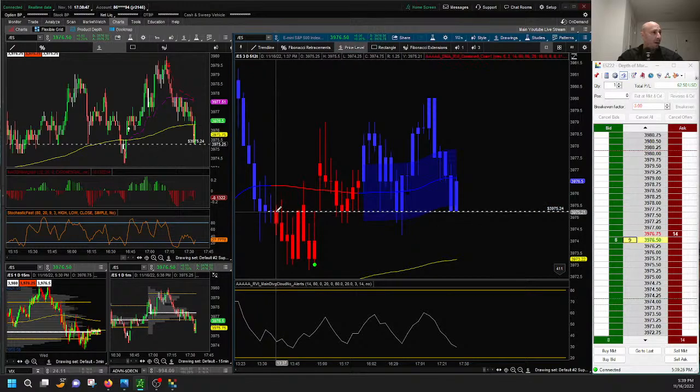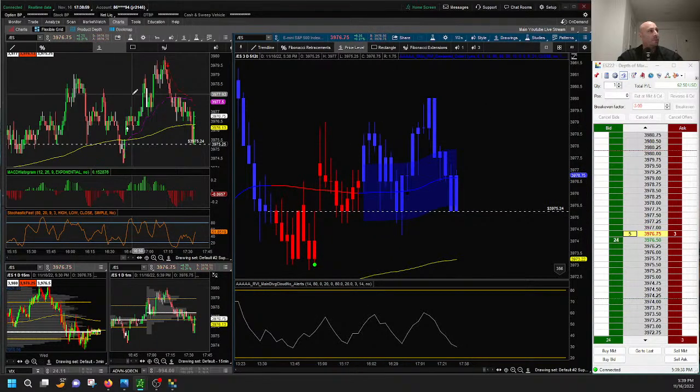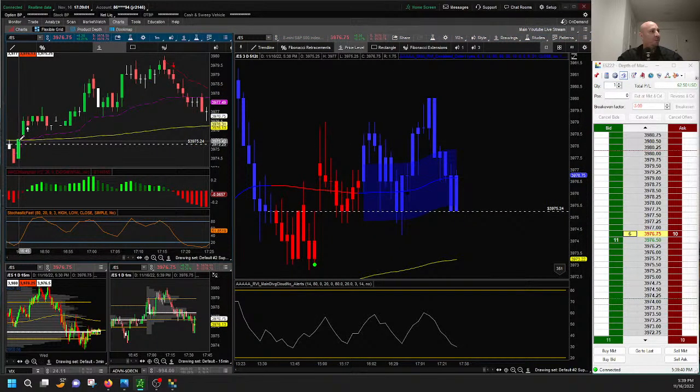Right here. Body, wick, body, wick, wick, body, body, wick, wick, wick, body, body, and came right down to it. And over on the 1 minute is that gap fill right there.